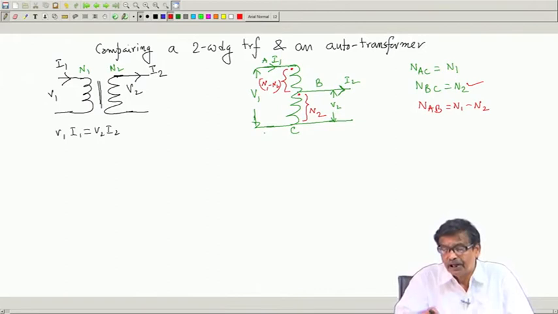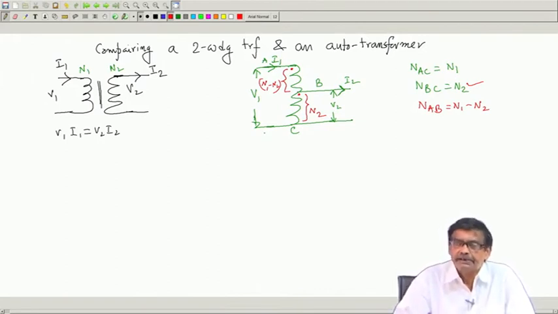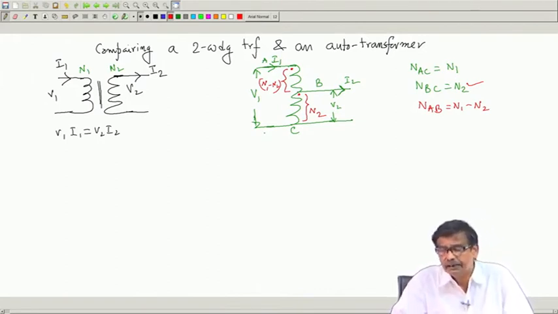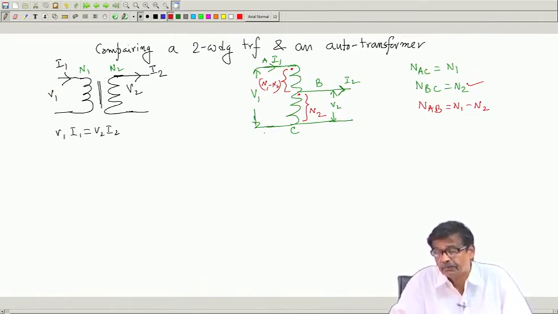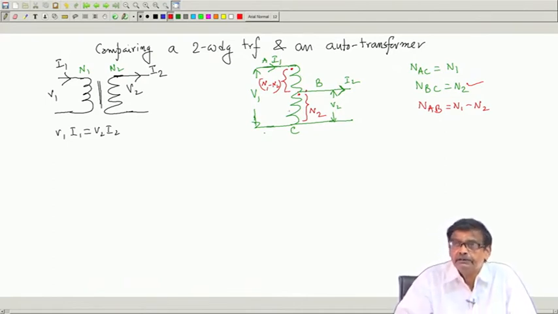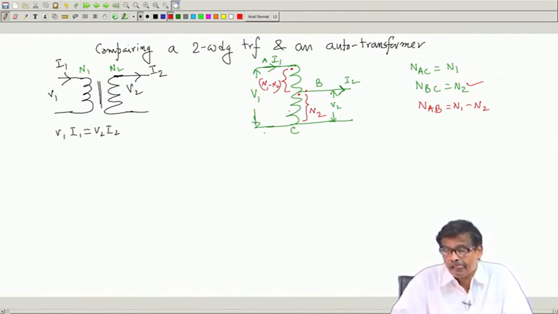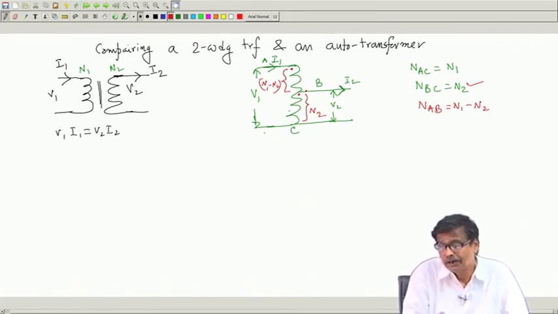Now, if you look at this connection very critically, you will immediately see that these two coils, the coil existing between terminals A and B and coil BC, have no common turns present, they are separate coils like this. For example, in this particular configuration, which one to call primary?